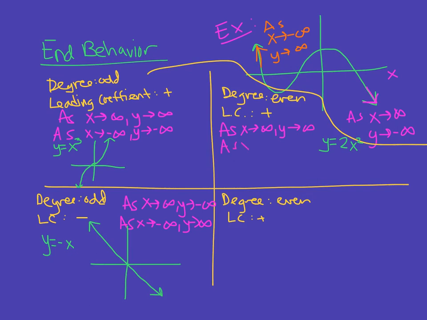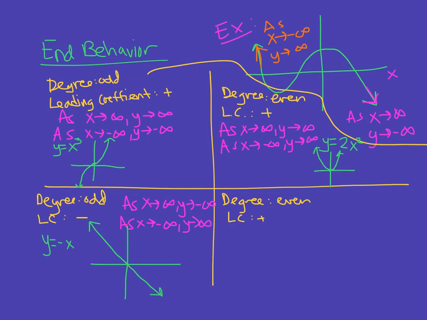Part of that is because our range is y values that are always positive. So the first part I said, as x approaches infinity, y approaches infinity. That looks like that. And the second part is as x approaches negative infinity, y approaches infinity.